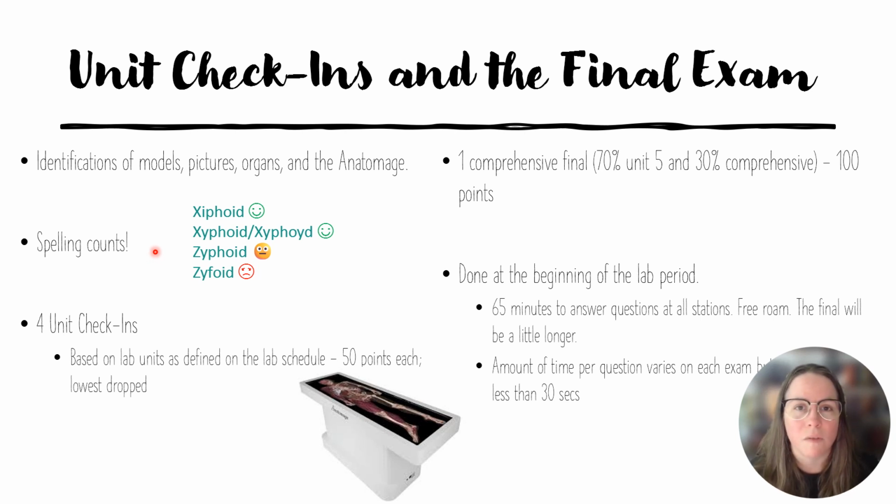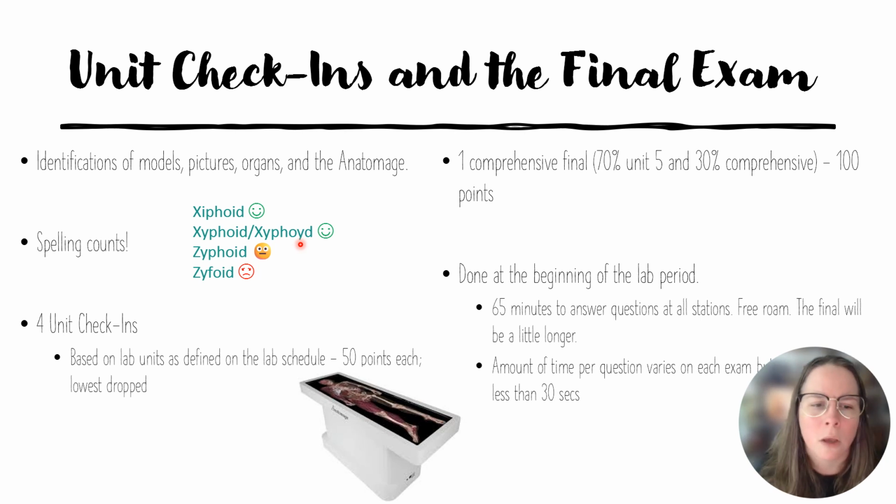So, for example, if I asked you to identify the xiphoid process, which is part of your sternum, this is the correct way to write xiphoid. Most of the time, when we're looking at medications that are very similar sounding or looking, it's the consonants that are differing, not so much the vowels. So if you spelt xiphoid this way, you didn't mess up any consonants, you just kind of had some weird vowels in there.